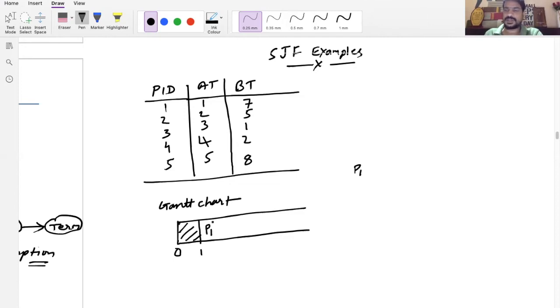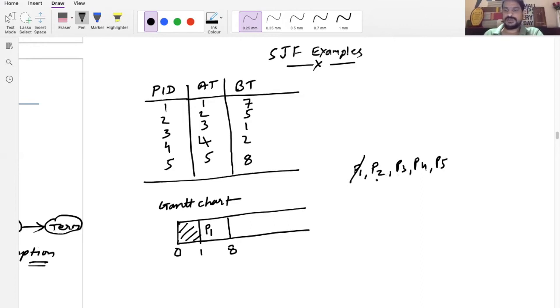And because it is non-preemptive scheduling, we'll execute it up to 7 units of time, meaning it will go from 1 to 8. Now at time unit 8, all the processes are available: P1 is finished, and we have P2, P3, P4, and P5.